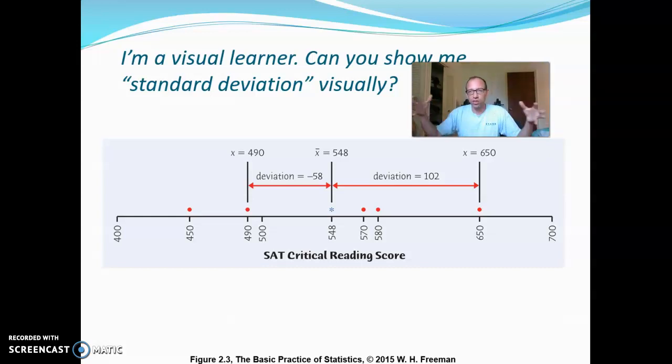So the larger the standard deviation, the further the points are spread away from the mean. The lower the standard deviation, the closer everything is clustered around the mean. I know that's still not crystal clear, but it gives you a vague sense. It's basically how far typically the data points are away from the average. That's what standard deviation is.